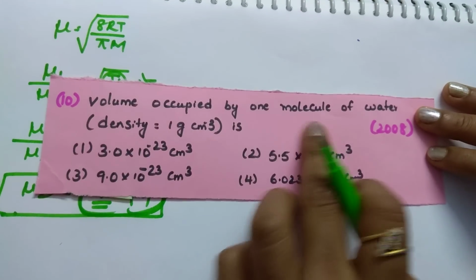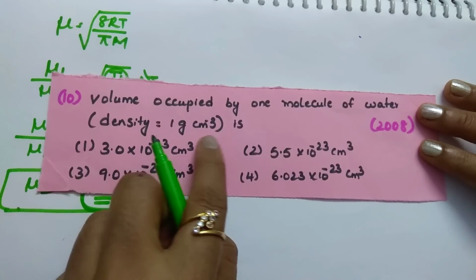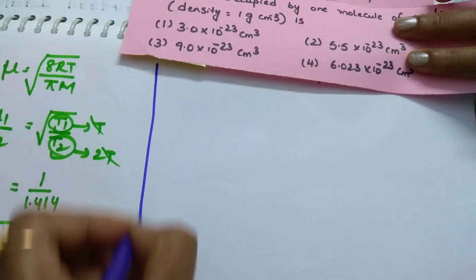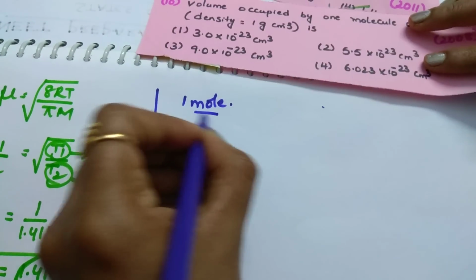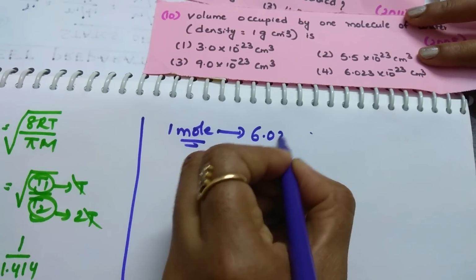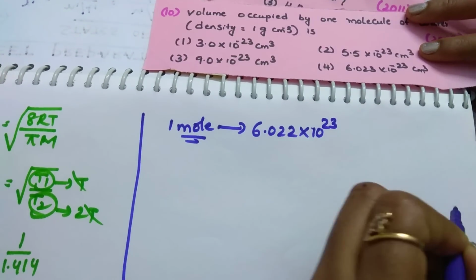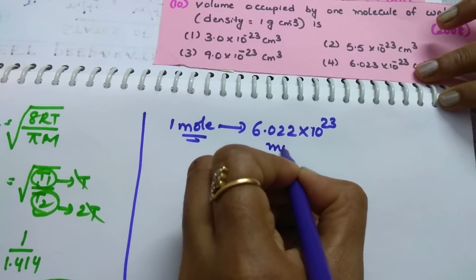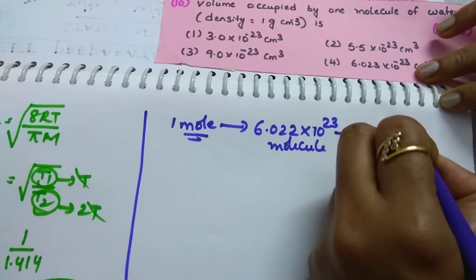Volume occupied by one molecule of water is, then, density is given in the question. What you have to do is, first take the relation. 1 mole of H2O consists of how many molecules, students? Avogadro number of molecules, 6.022 into 10 power of 23 molecules. And what is the molar mass of water? 18 gram.